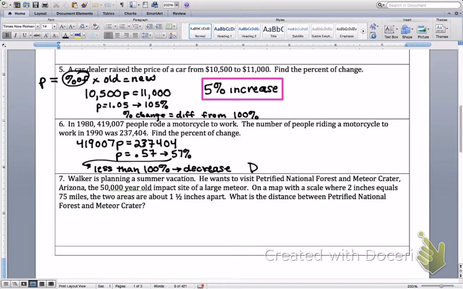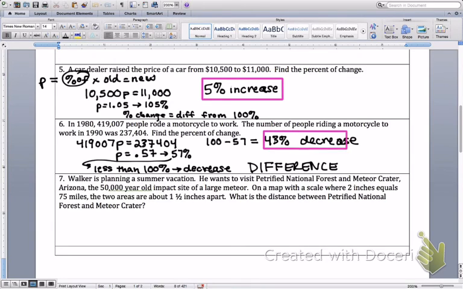So we find the difference: 100 minus 57 gives us a 43% decrease. When we saw percent increase, it was how much above 100% we go, and when we see a decrease, it's how much below 100% that percent of.